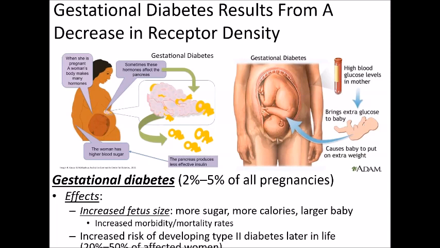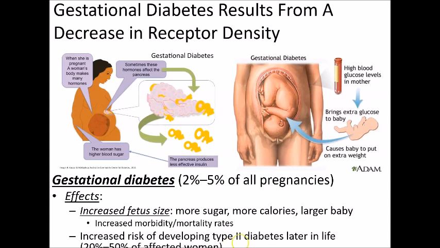And again, those fetal sizes: you get more sugar, more calories, larger baby. As babies get larger and birth weights increase, that also increases the morbidity and mortality rates. Morbidity refers to the number, amount, or severity of diseases that the baby gets. Mortality rates would be the death rate. And the farther you get away from the ideal birth weight, the more likely you are to increase mortality and morbidity rates.